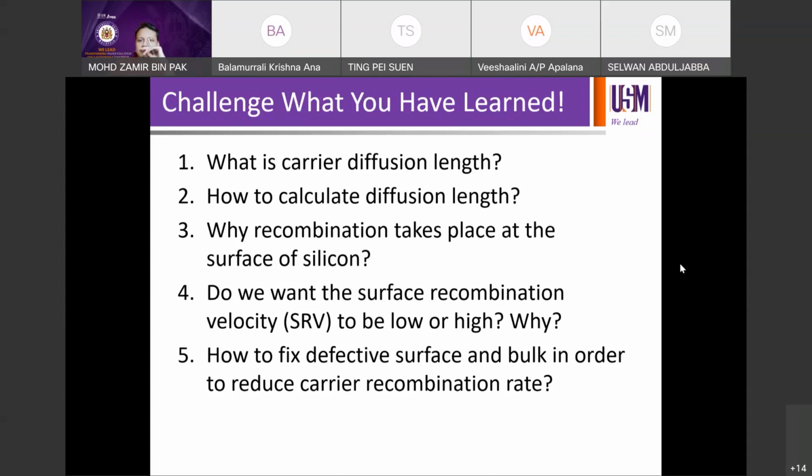Zulaika? How do we calculate the diffusion length? L? Zulaika? Siapa yang saya tak pernah panggil ya? Alisa, Anis. Anis Amira.